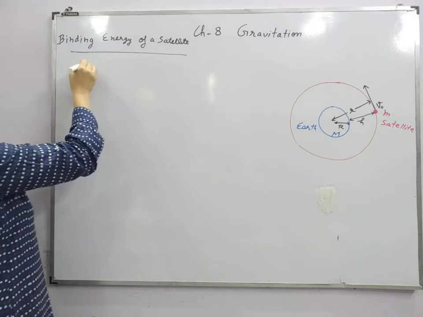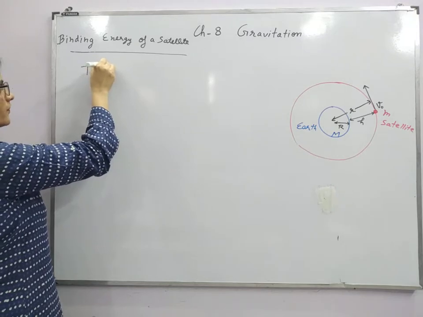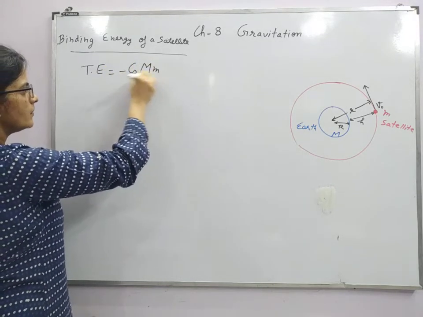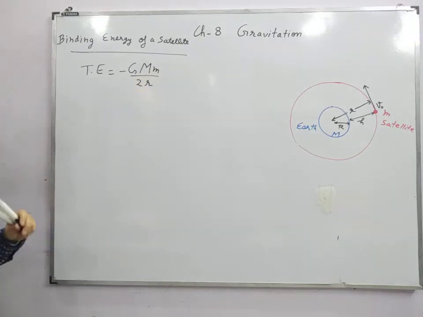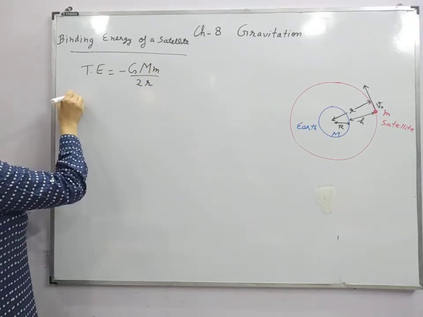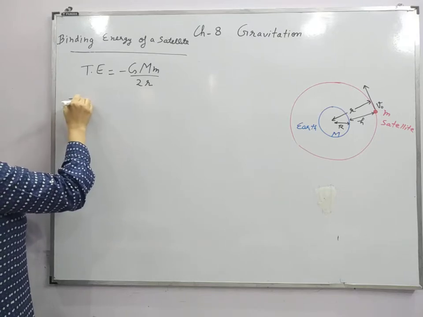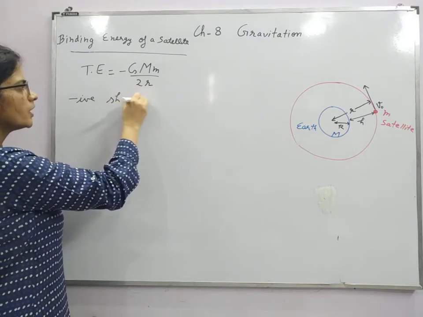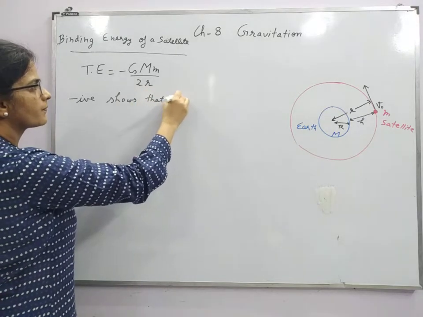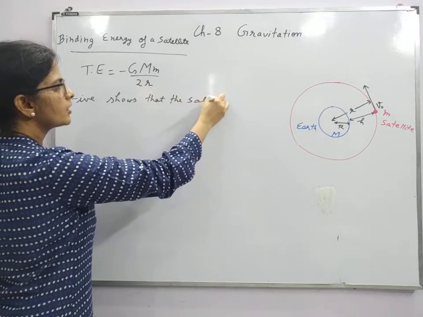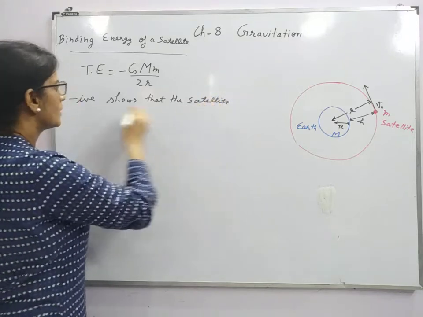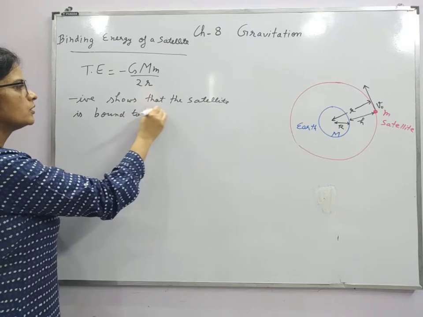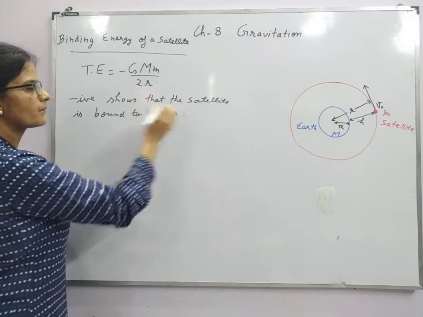See, the term total energy is minus GMm upon 2r. What does this mean? This means this negative sign shows that the satellite is bound to Earth here, right?